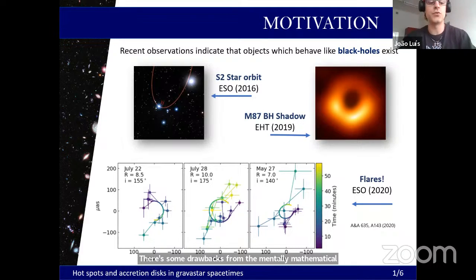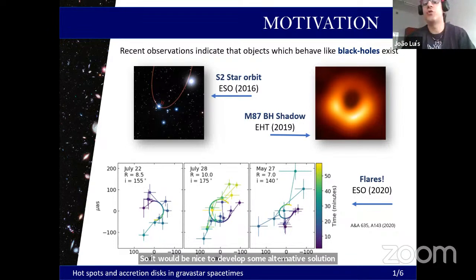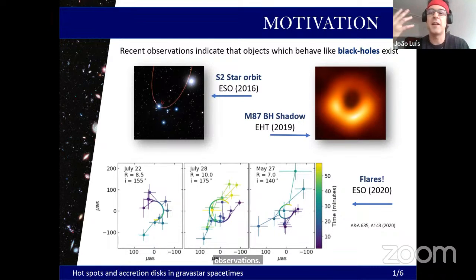And so it would be nice to develop some alternative solution for a compact object that is able to reproduce the same observations without having these kinds of problems with unphysical or mathematically complicated stuff to understand, like singularities and event horizons.